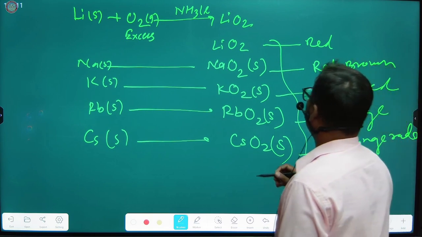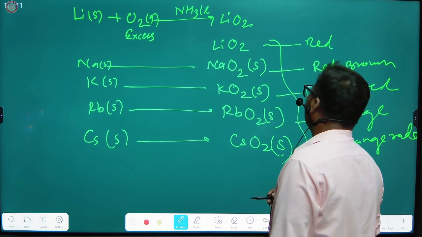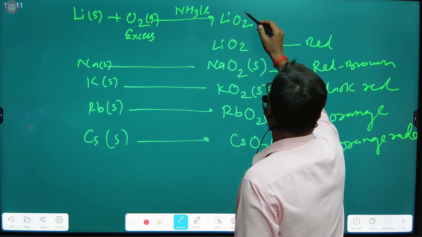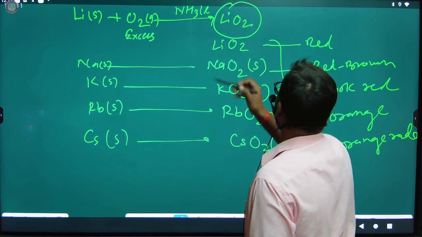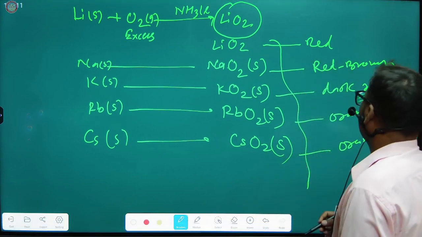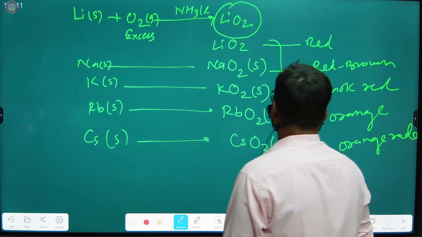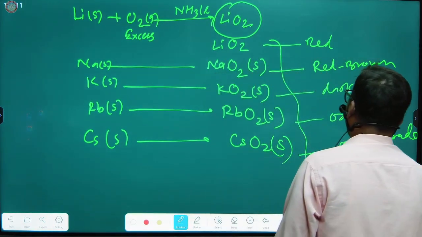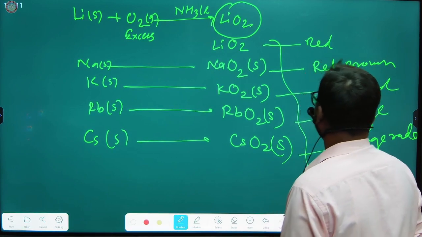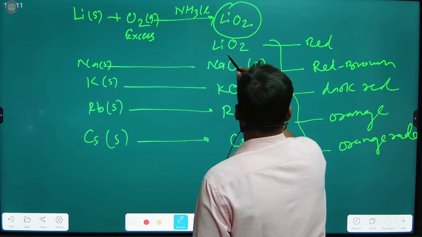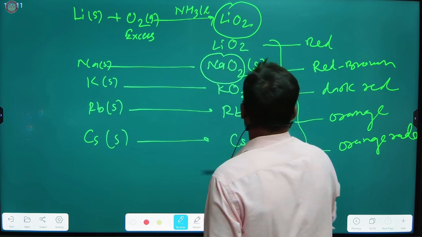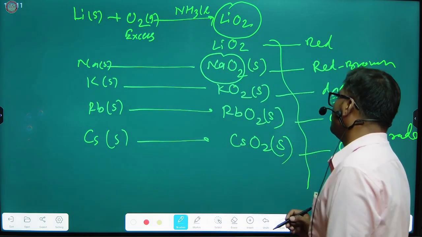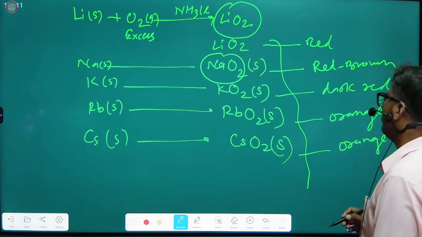So, due to high charge density on the lithium cation, it will not stabilize these superoxide ions. And similarly, sodium superoxides are not much more stable because of the size effect and electropositive character.